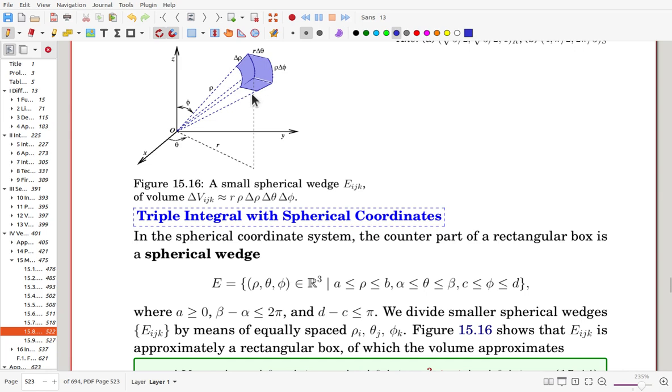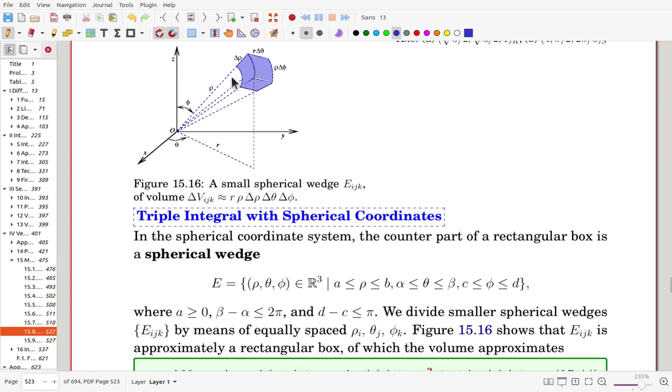Here, this distance is the change in rho, so delta rho. And when we consider arc length in a sector, we already found that this is r, the radius r, and because we consider the horizontal direction, there's r and the horizontal angle change, that's delta theta.